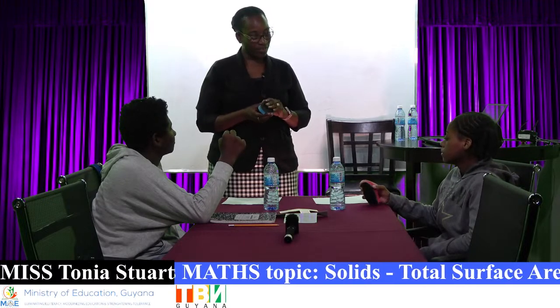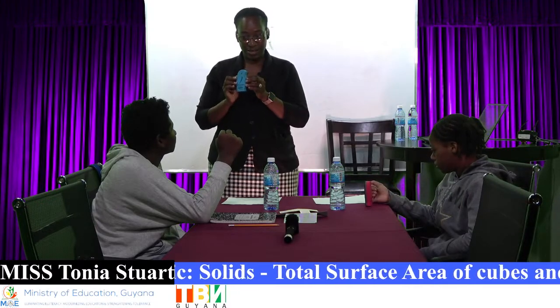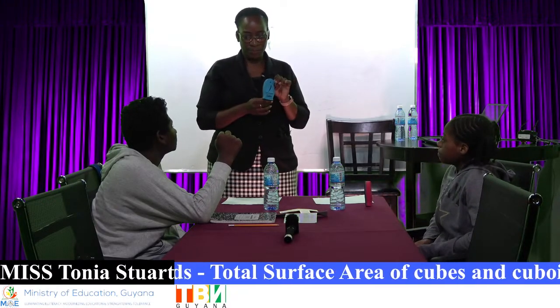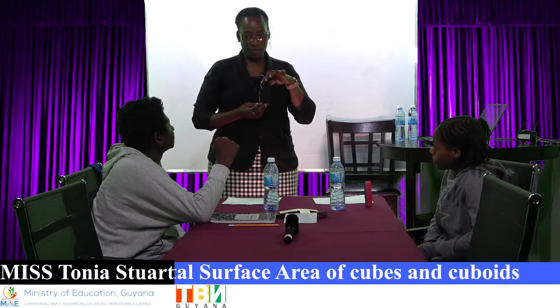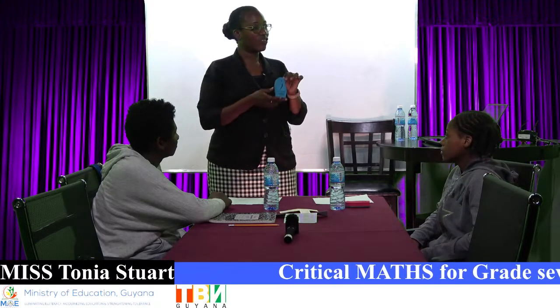So we have to find the total surface of this entire thing. But what about the shape? Do you have the same shapes all around? No, we don't have the same shape all around. So it means that we have to find the area of different shapes.